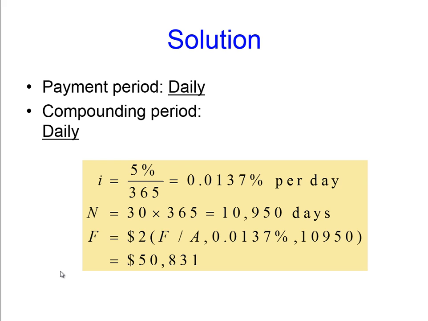With the interest of 0.0137% and a deposit of $2 per day, I will get $50,831 over 30 years. This is how much I would be saving if I stopped the coffee.